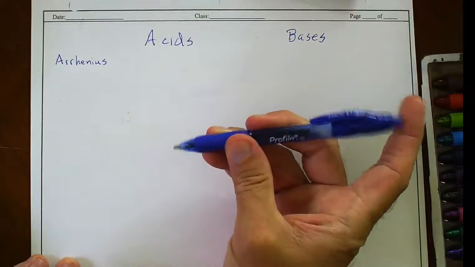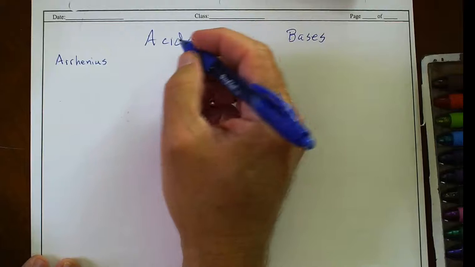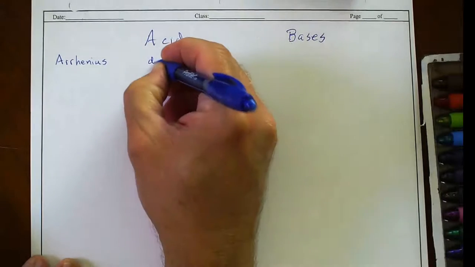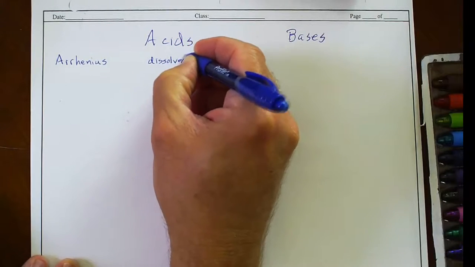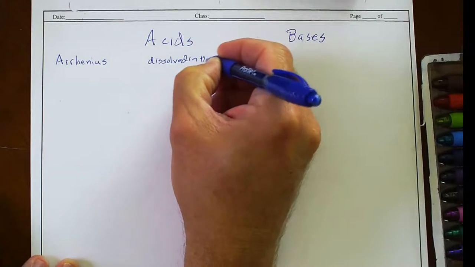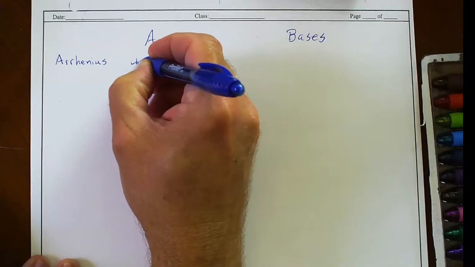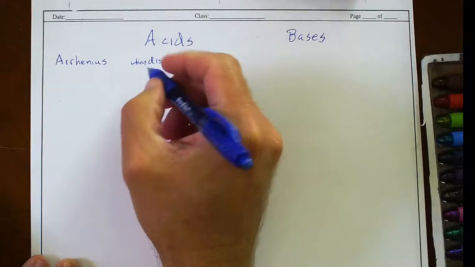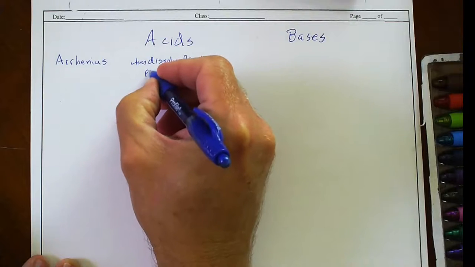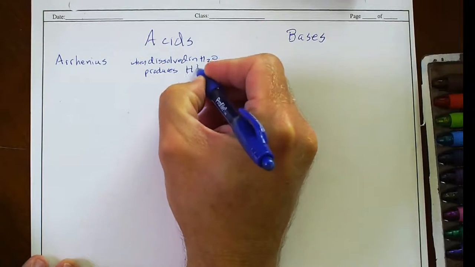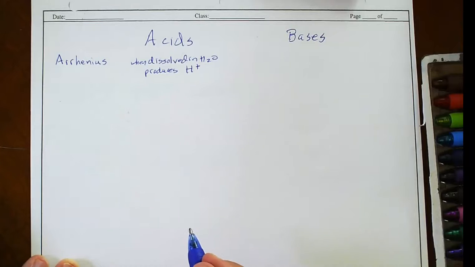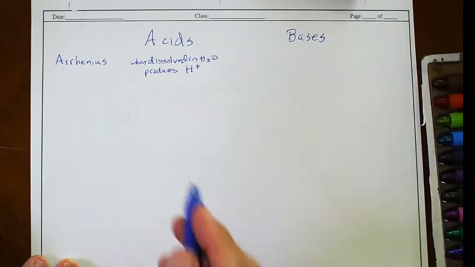Now, by the Arrhenius definition, an acid is a substance that when it's dissolved in water produces what are referred to as hydrogen ions.